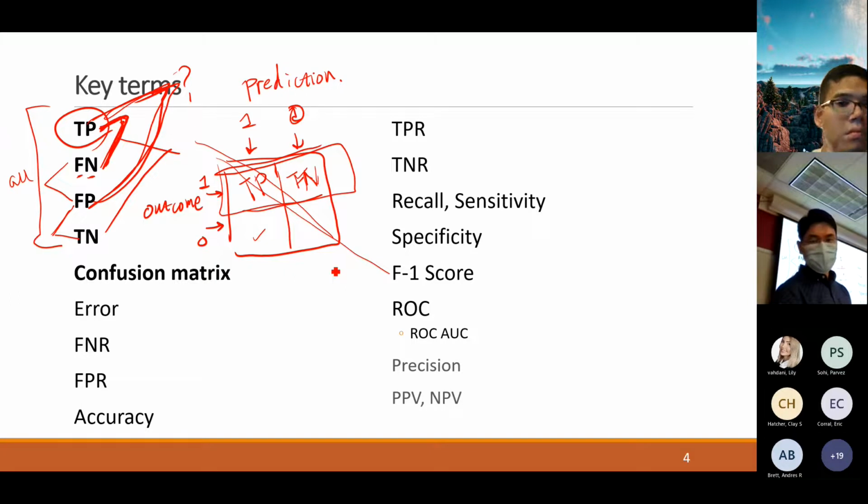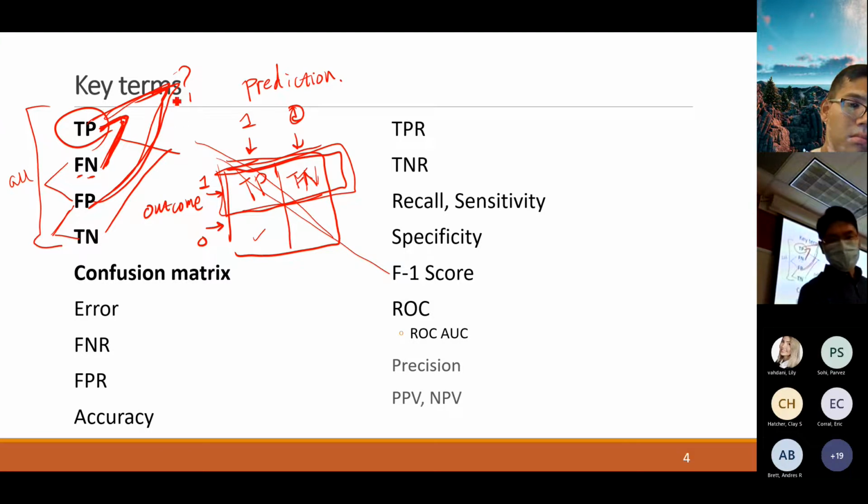Positive outcome, which means the first row. Yes. Think about it. Does it make sense? True positive is this one. True positive and false negative is the first row. Okay, that was the previous question.